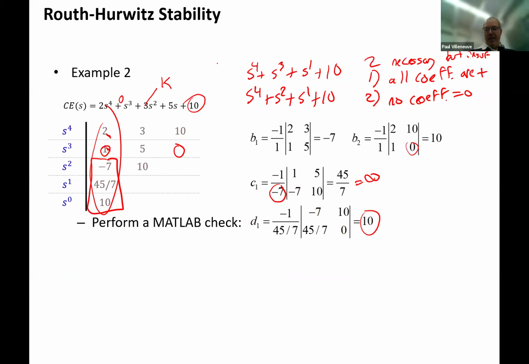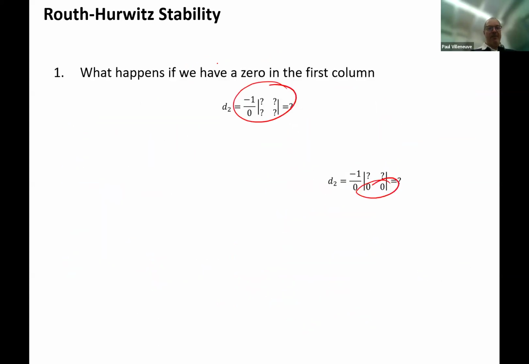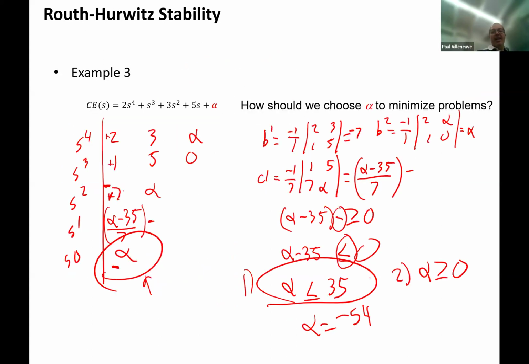There's nothing I can do to alpha to make this a stable system. So why would I even do any work? I have to go back to the drawing board and modify my system. So if you have any coefficient that vanishes, then you're dead in the water. Don't even bother starting.